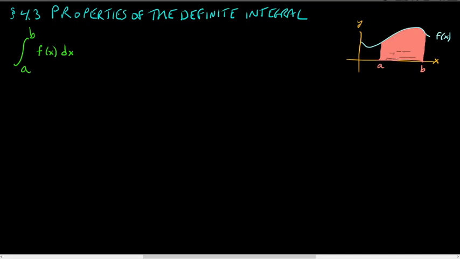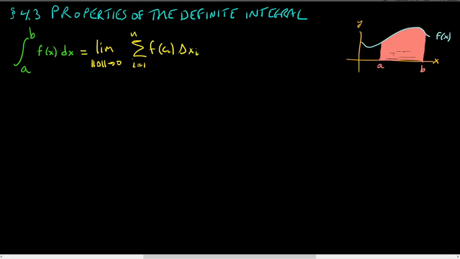And so again, what is the definition? Not something you really have to worry about, but technically it is the limit, as the norm of the partitions goes to 0, of the Riemann sum, i going from 1 to n of f of ci delta xi. And that is the definition of the definite integral.